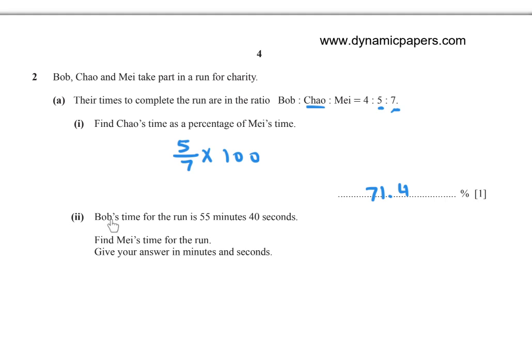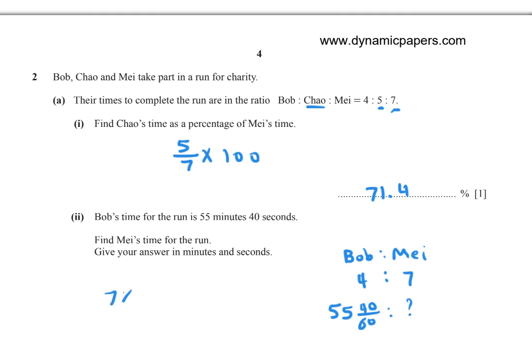(ii). Bob's time for the run is 55 minutes 40 seconds. Find May's time for the run. Give your answer in minutes and seconds. The ratio between Bob and May equals 4 to 7. The time for Bob is 55 minutes and 40 seconds, so we can write it as 55 and 40 over 60 as minutes only. Now cross multiply to find May.